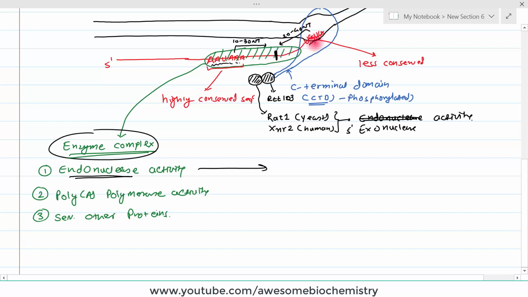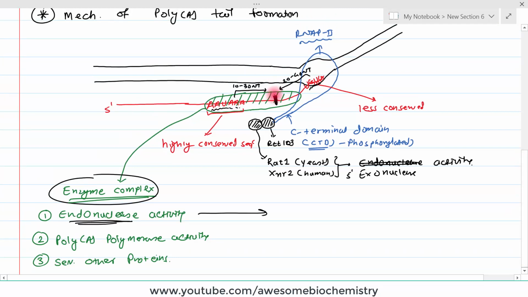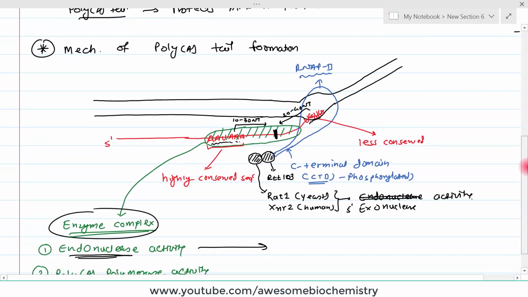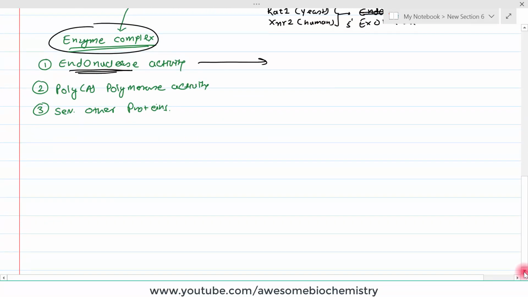So based on the address provided by the less conserved sequence and the highly conserved sequence, this endonuclease activity of the enzyme complex will put a cut on this mRNA at this location. So now what will happen? This portion of RNA is separated from this complete assembly. So let's draw both assemblies separated.